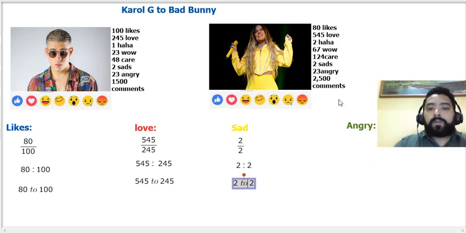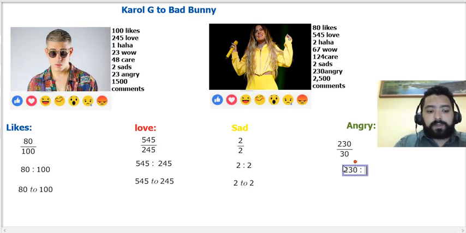Now, angry: for Karol G we have 230 and for Bad Bunny 23. I'm going to change this one to 230 here, and it's going to be for Karol G 230 over 23, that is over Bad Bunny. Remember, Bad Bunny is 23.